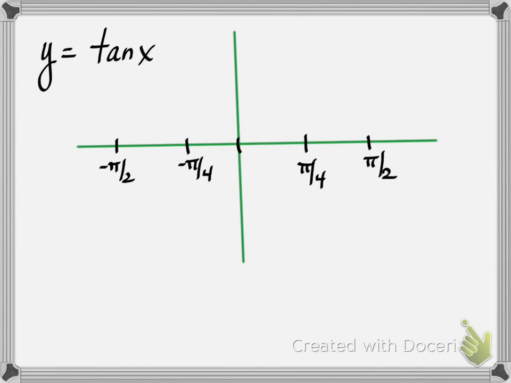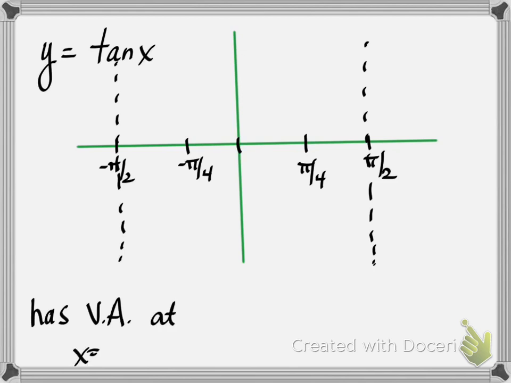Negative pi over 2 gives us an asymptote. Positive pi over 2 gives an asymptote. So tangent of x has vertical asymptotes at negative pi over 2 and positive pi over 2. At 0, 0, we have a point. Negative pi over 4 is negative 1. Positive pi over 4 is positive 1.